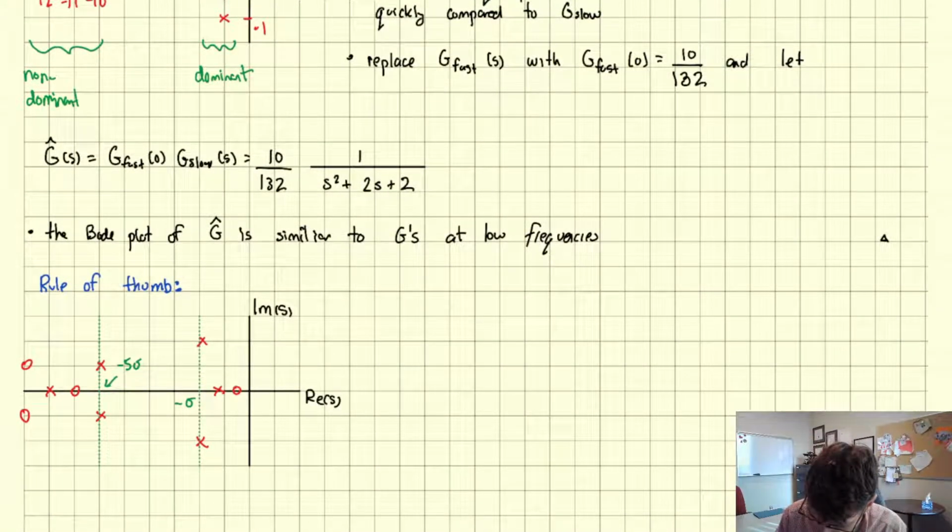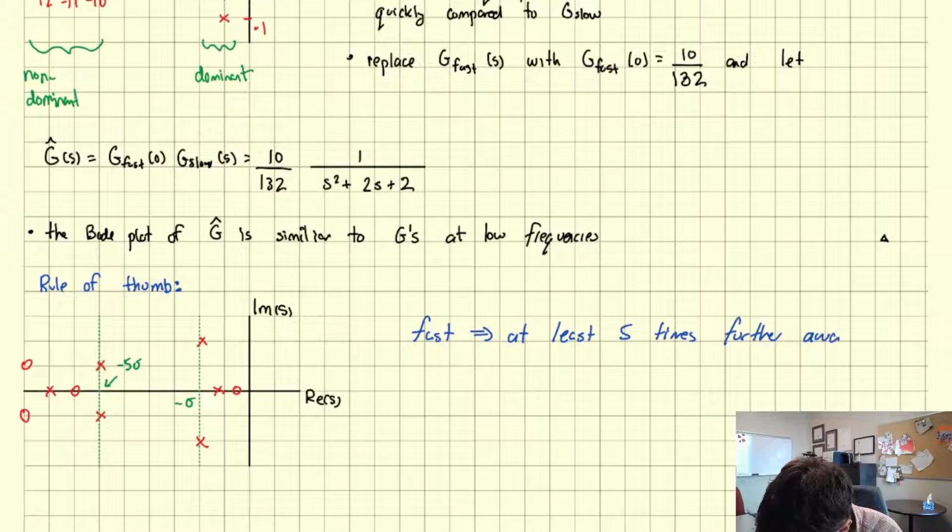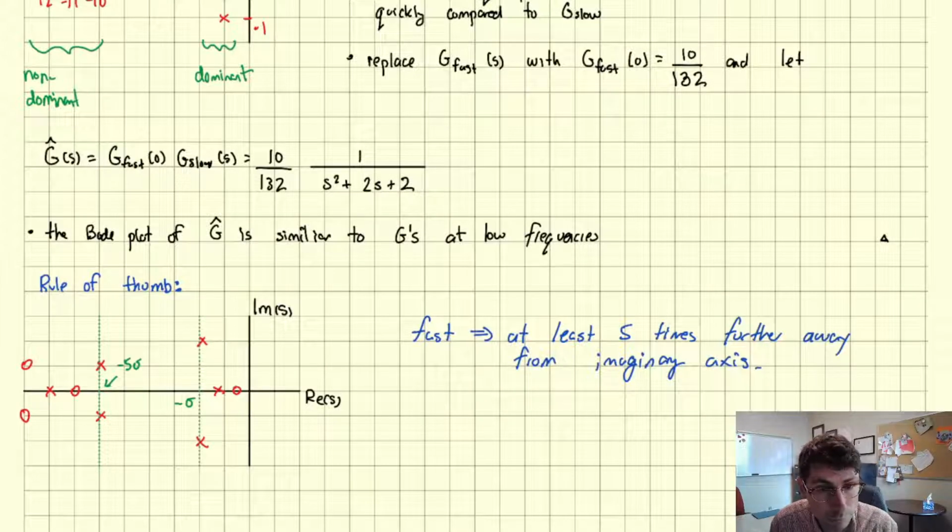Okay, so slow or fast for us means at least 5 times further away from the imaginary axis.